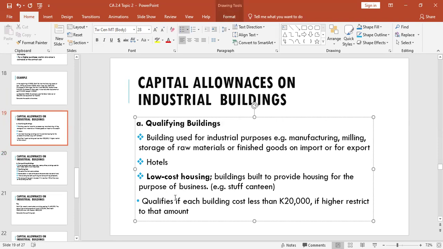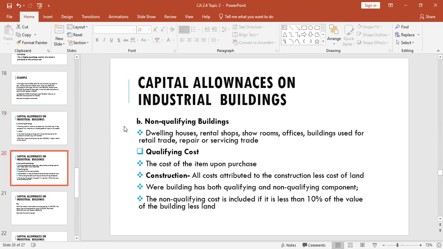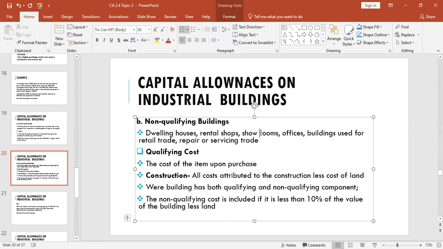I said a staff canteen only qualifies if it costs 20,000. If it's more than 20,000, we have to restrict that amount to 20,000. Then non-qualifying buildings are dwelling houses, rental shops, showrooms, office buildings, and other buildings used for retail trades.